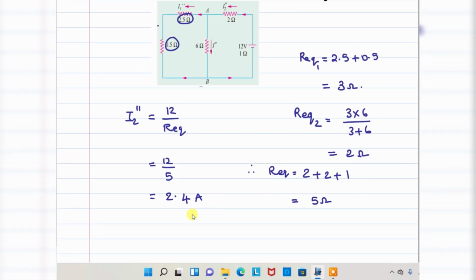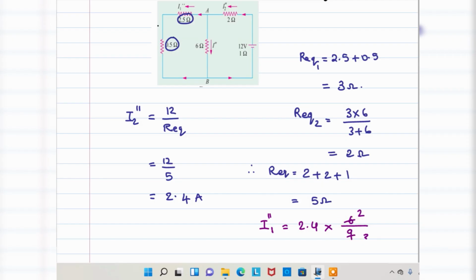Once I got the current value 2.4 amperes, I can find out the remaining currents. What are the remaining currents? I1 double prime is equal to total current into opposite resistance 6, divided by total resistance 3 plus 6, 9.